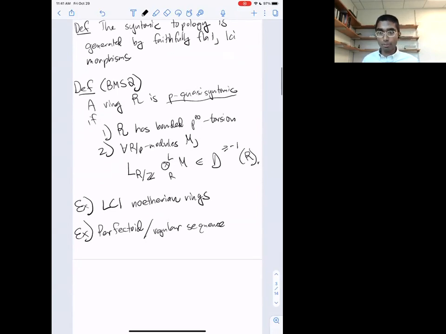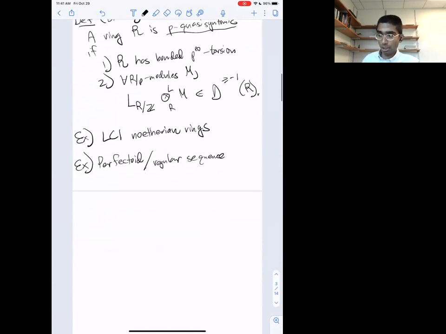Okay, right. And so this definition naturally globalizes for schemes, so it makes sense to say that a scheme is p-quasisyntomic. Okay, so with this in mind, there's the following, I think, really beautiful theorem.